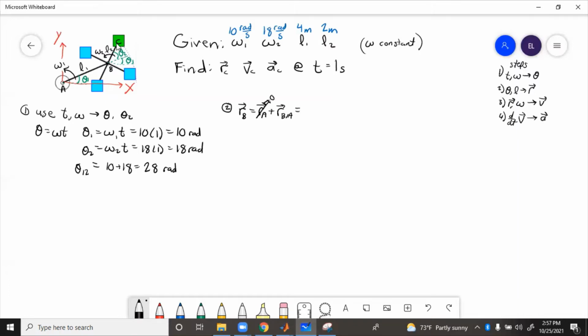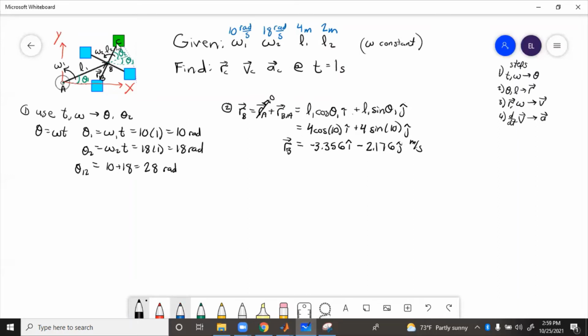So RB equals L1 cos theta 1 in the i-hat plus L1 sine theta 1 in the j-hat. So that's position of B here.